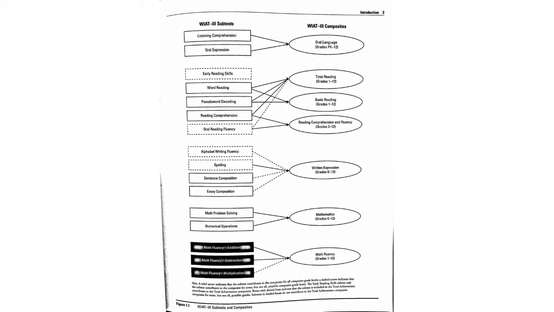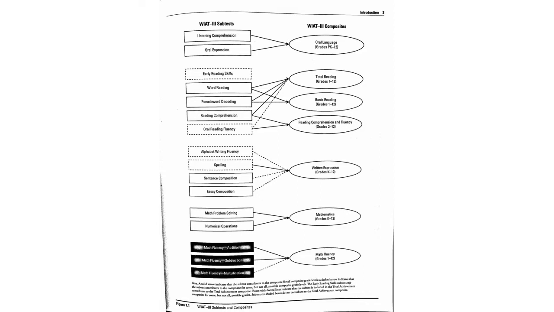Okay, there are several subtests within the WIAT 3. You can see those subtests listed there on the left. And you can also see the specific composite scores that are derived from those subtests. So composite scores are kind of a grouping of scores around larger domain areas, whereas the subtests are around specific targeted academic outcomes.